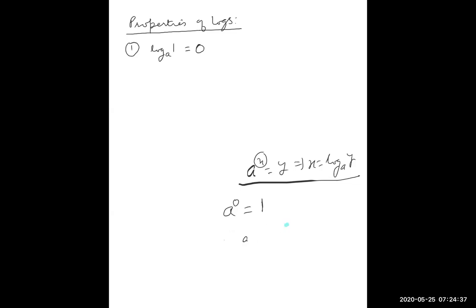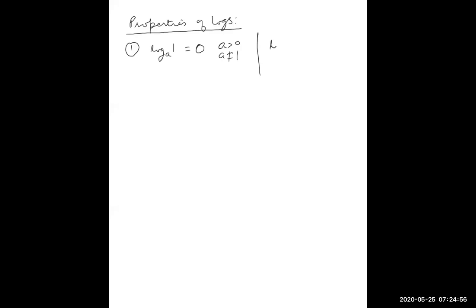Only some basic conditions I have told: the base must be greater than 0 and the base cannot be 1. That you have to remember. For example, log 3 of 1, log half of 1, log e of 1, all will be 0.